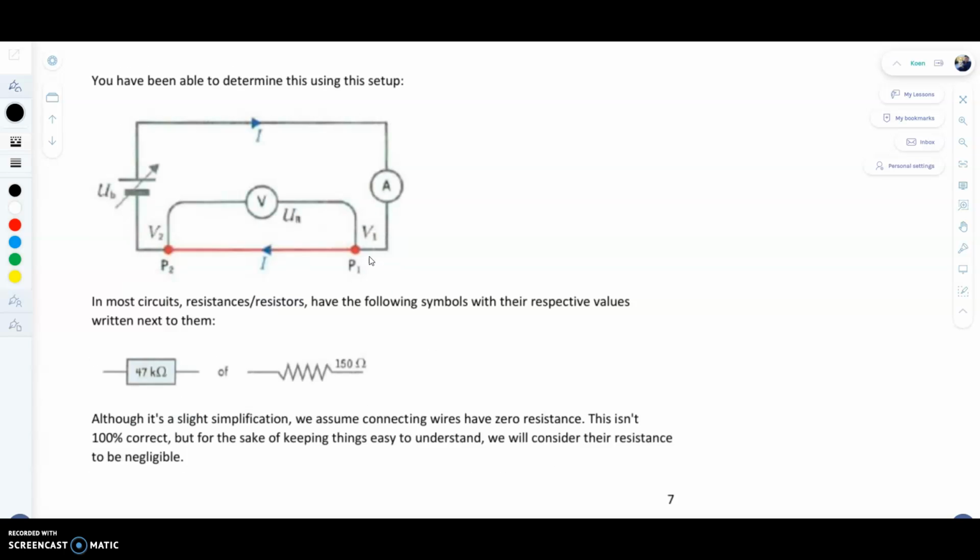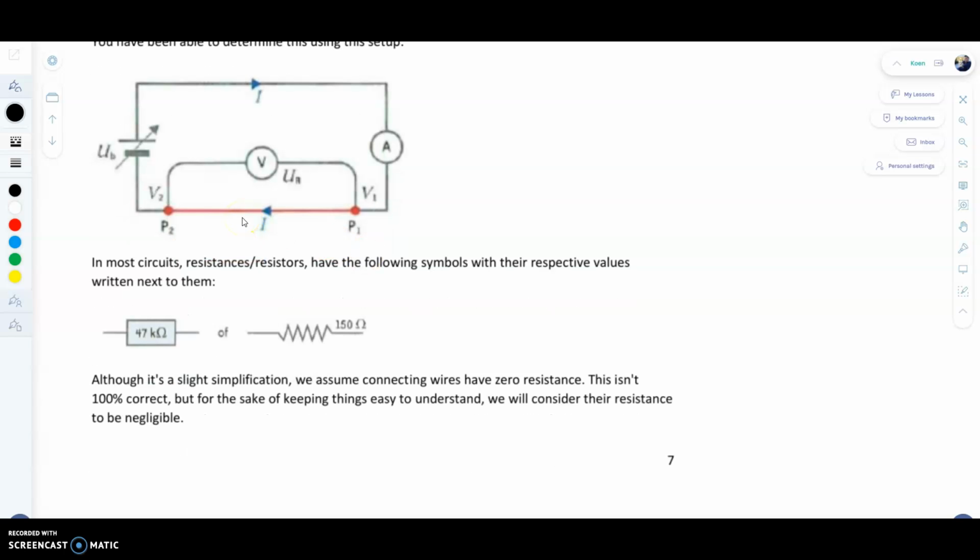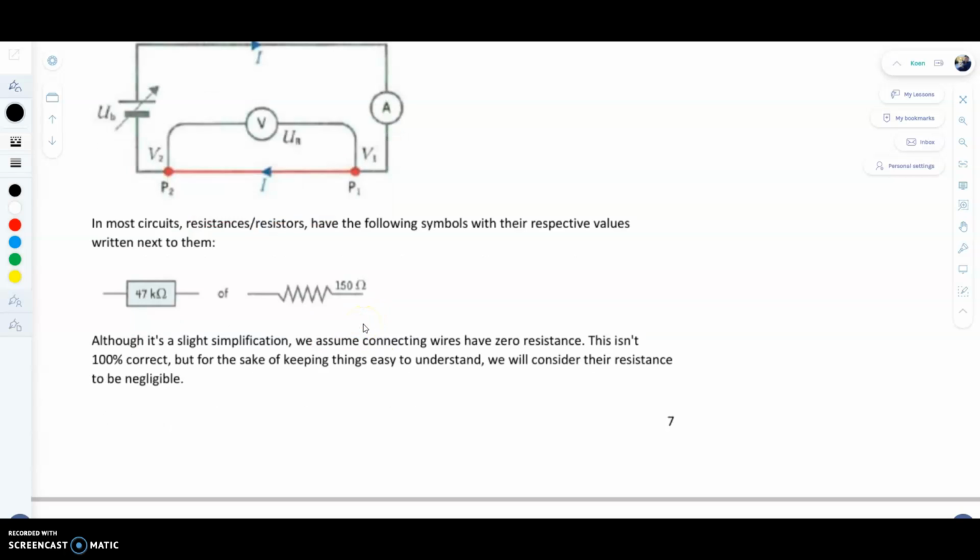There are plenty of ways you can show resistances in these schematics. Either you use blocks with the value of the resistance filled in, or these sawtooth symbols that usually have the value of the resistance quite close to it.